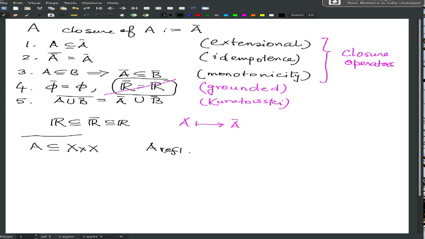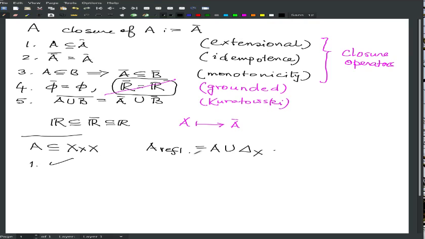Obviously, the reflexive closure is A join the diagonal of X. So obviously, the extensionality is satisfied, right?